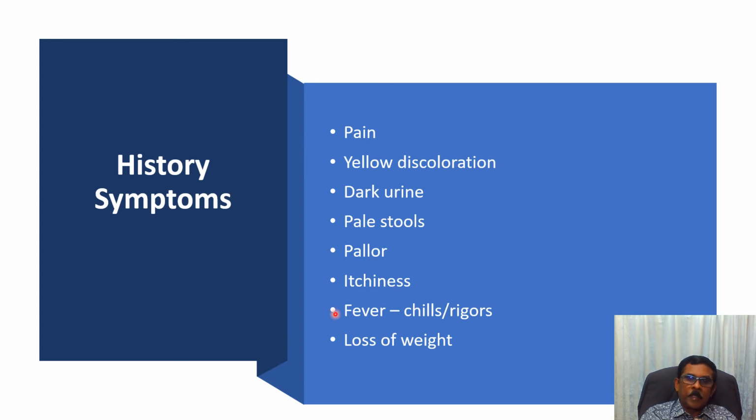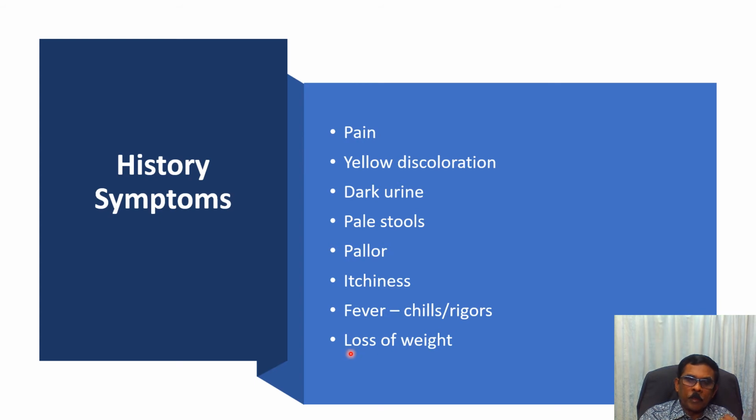Fever, in a case of obstructive jaundice or blockage of the CBD, is usually accompanied with chills and rigors. Fever tends to be high with chills and rigors due to secondary bacterial infection of the bile ducts.